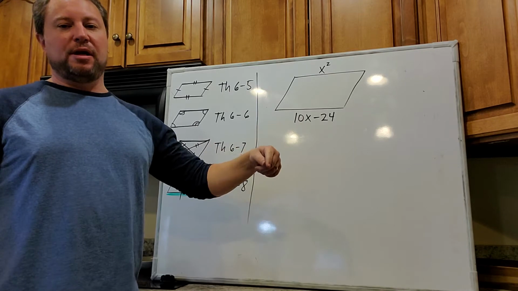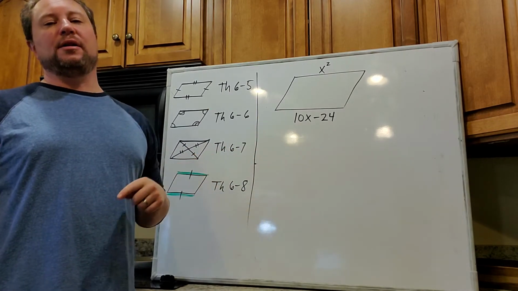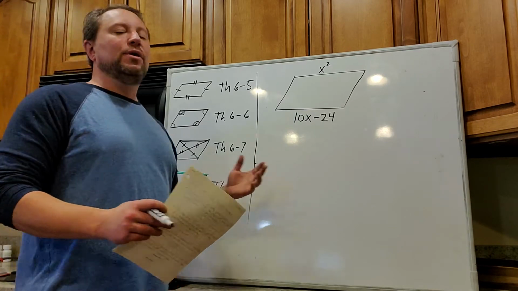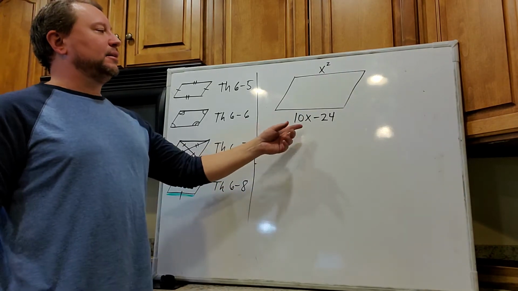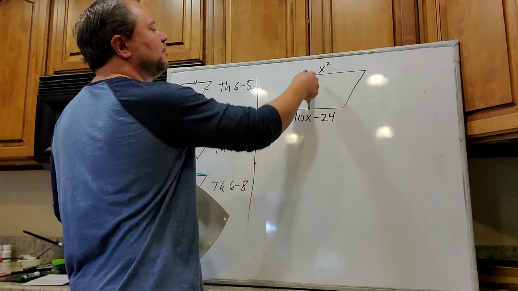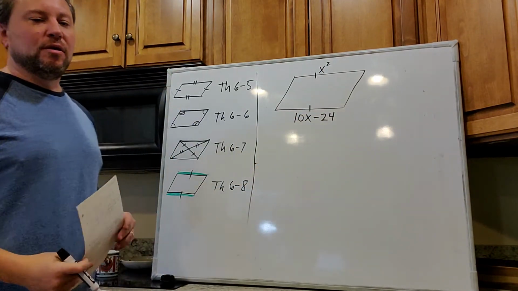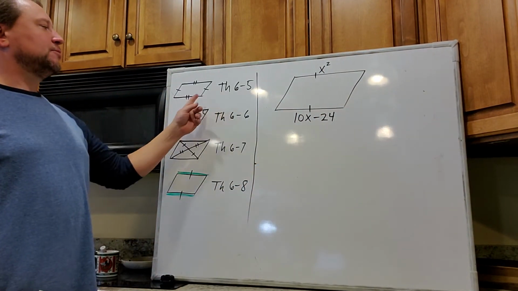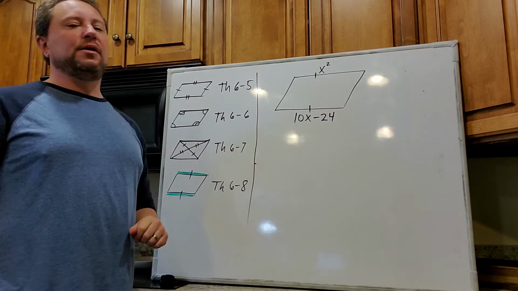Instead of saying it's a parallelogram, find x, they'll say find x so that it is a parallelogram. Really, that doesn't change how it's done, though. We're still going to use the idea that if this is going to be a parallelogram, of course, we need those opposite sides to be, you guessed it, congruent, just like theorem 6.5 states. Those opposite sides need to be congruent for it to be a parallelogram.